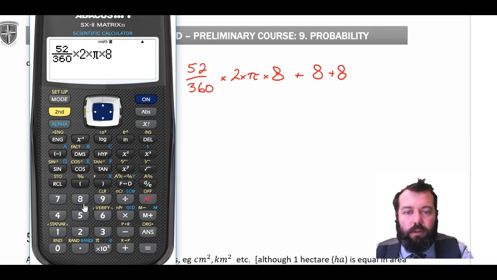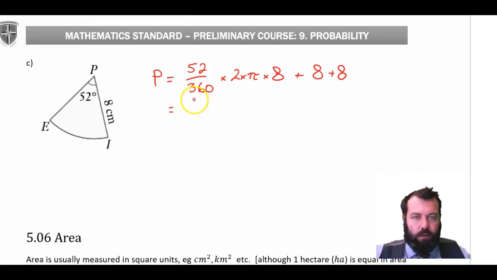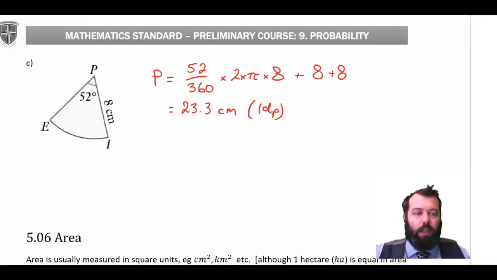Times 8. Right, there's the first part, plus 16. And I get 23.3, let's say. Rounding that. 23.3 centimetres. 1 decimal place.